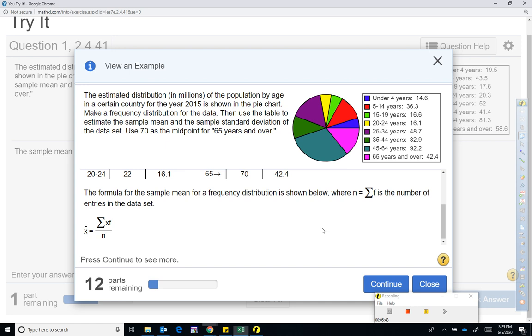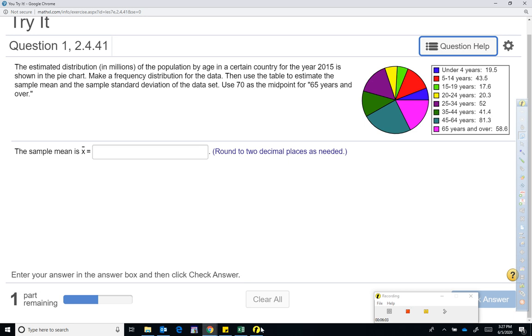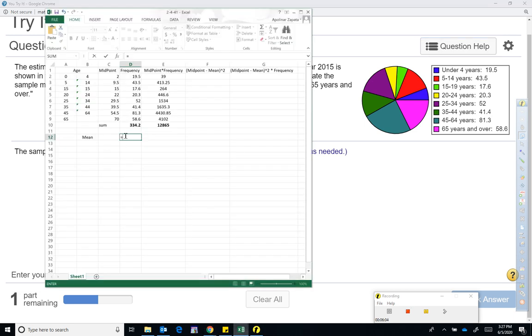And n is the sum of the frequencies. So therefore in Excel, to find the mean, just divide this number by this number. So equals the result here divided by this result, and enter.